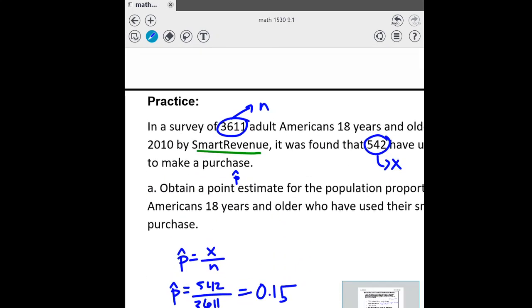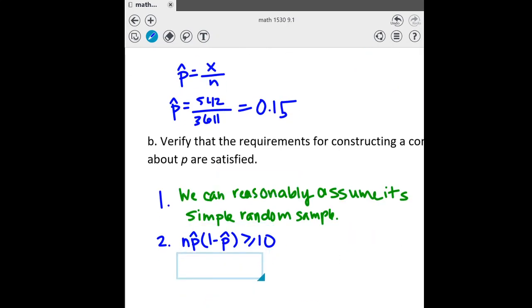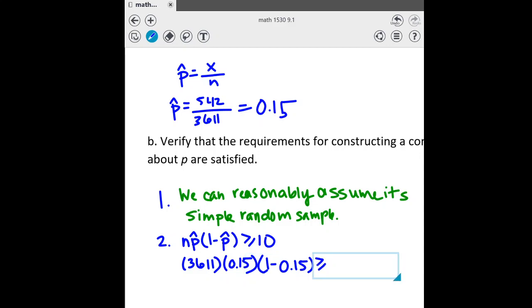If we go back, our n was 3,611. So we're just going to plug that in. Our n is 3,611 times our p hat, which is 0.15, times 1 minus 0.15. And we're trying to check and see, is that greater than or equal to 10?